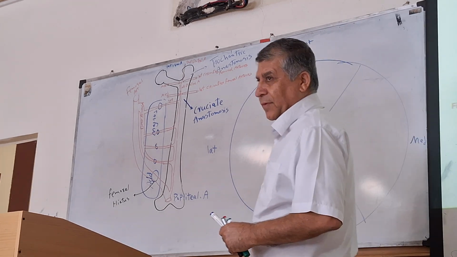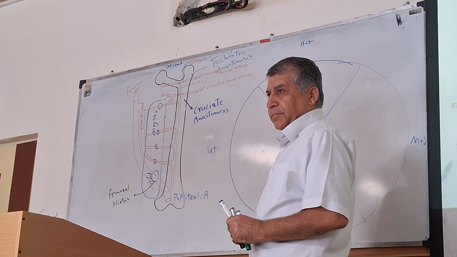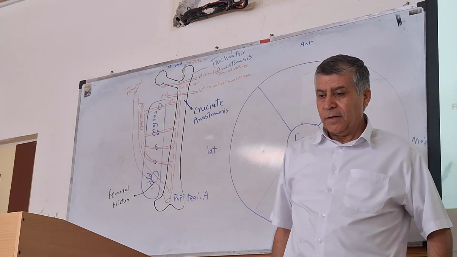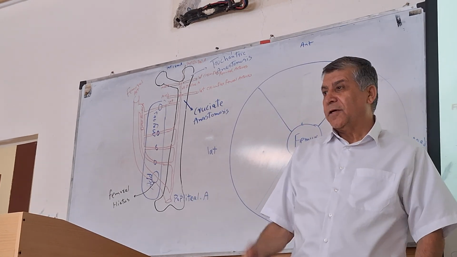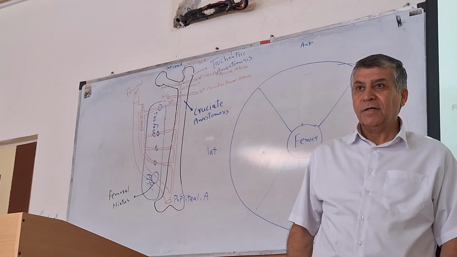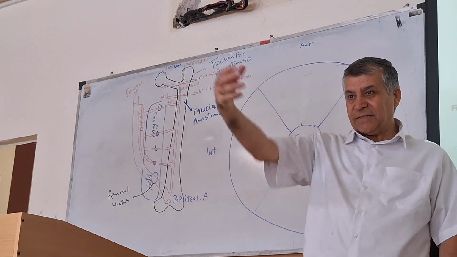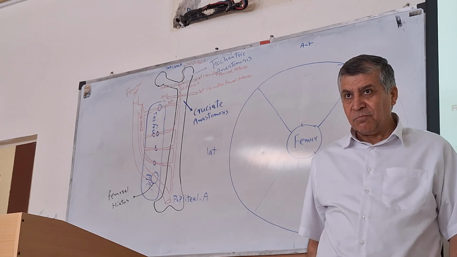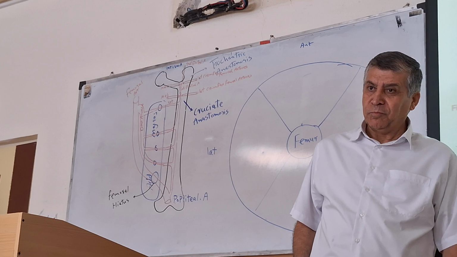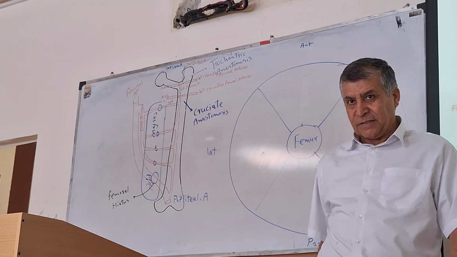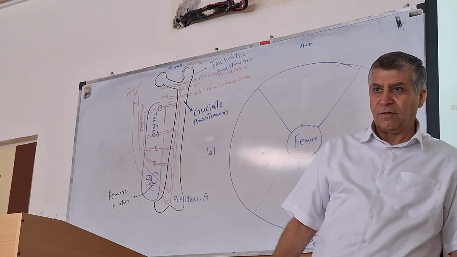Imagine I lie here and you cross my right hip joint and see the attachment of muscles and movement. Okay? Anterior, posterior, lateral, medial.